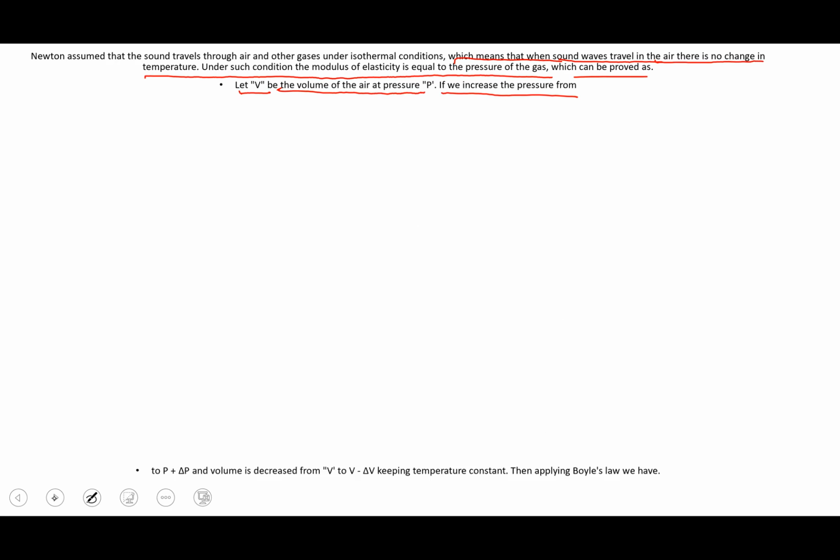Under such a condition, the elastic modulus is equal to the pressure of the gas, which can be proven as follows. Let V be the volume of air at pressure P, and if we increase the pressure from P to P plus delta P, the volume will decrease from V to V minus delta V, keeping the temperature constant, by applying Boyle's law.